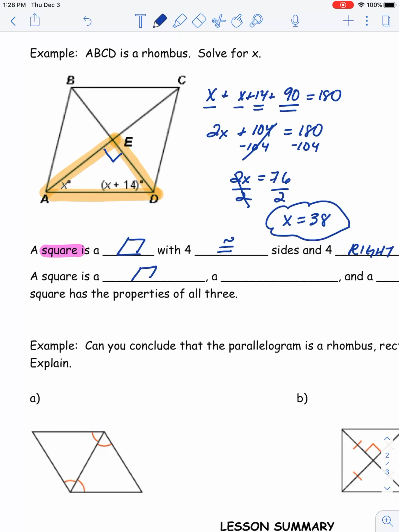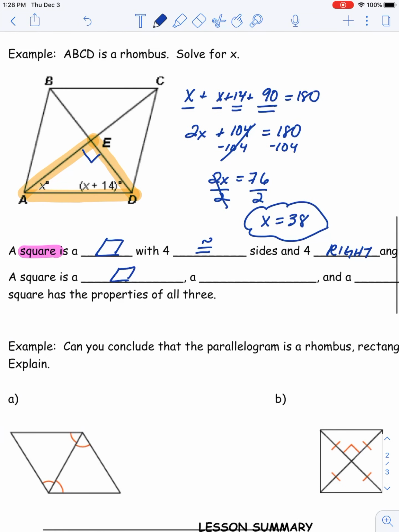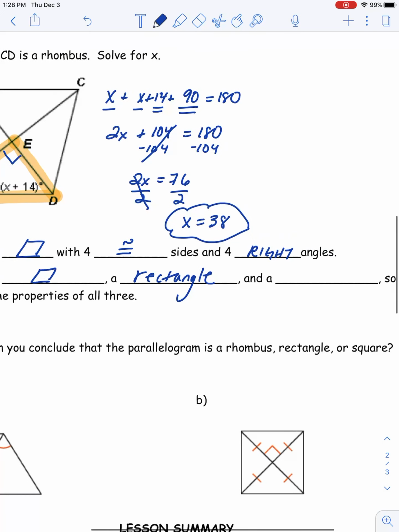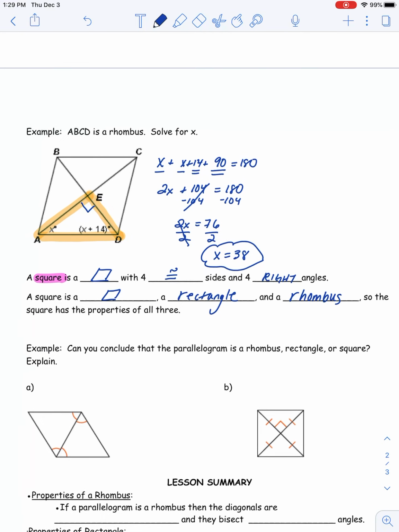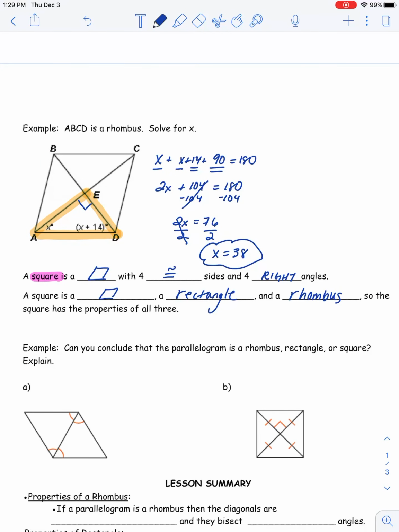A square is a parallelogram. It is also a rectangle because it has those 4 right angles, and it's a rhombus. A square is a parallelogram, a rectangle, and a rhombus.